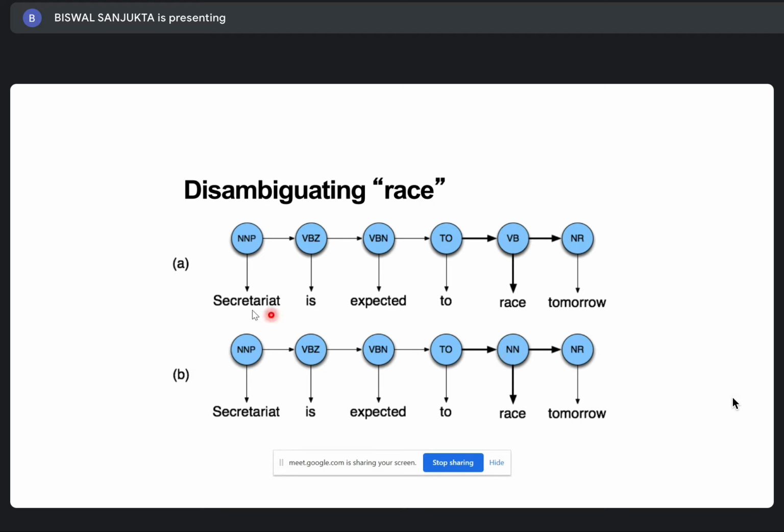So I can find the probability of this sequence given this sentence, then find the probability of this other sequence given the same sentence. Wherever it is higher, I can take that as the right tag given the training data set. Or else, there can be a smarter approach.